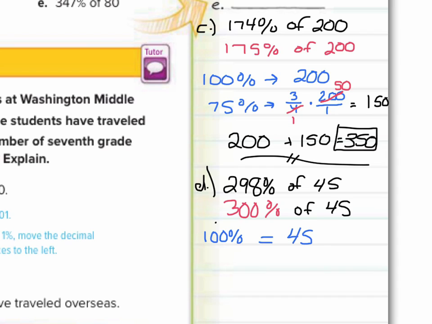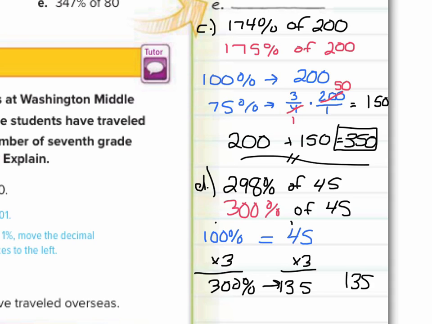And this is kind of a unique type of question because 100% times 3 is 300%. And so if I take the 45 times 3, that's going to get me 3 100%s, or 300%. And 45 times 3 is 15, carry the 1, 3 times 4 is 12, plus 1 is 13, so 135. So to estimate this, our answer is about 135.